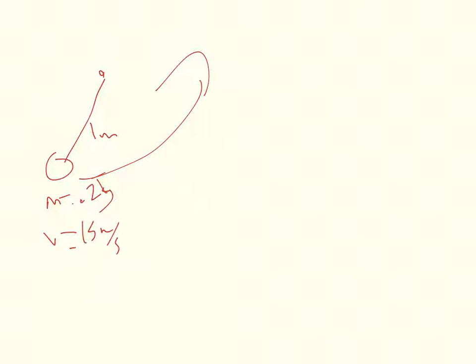Okay, so when the yo-yo is at the bottom of the circle, we have weight pulling it downward, and we have tension pulling it upward. Up will be positive because that's the direction of the center of the circle. So this is at the bottom.